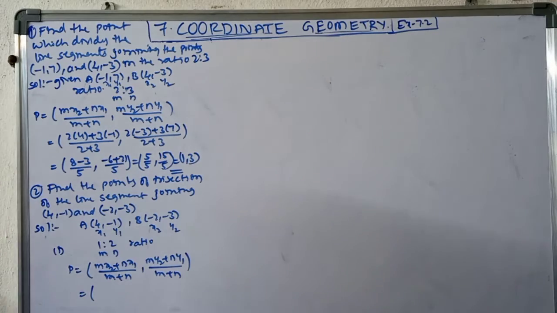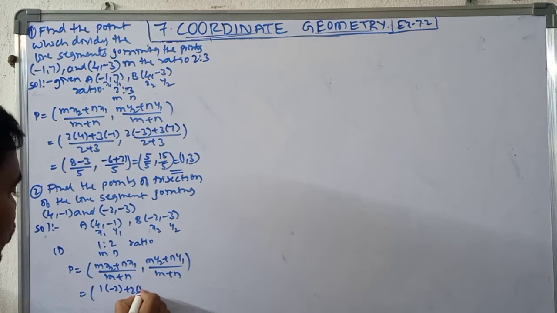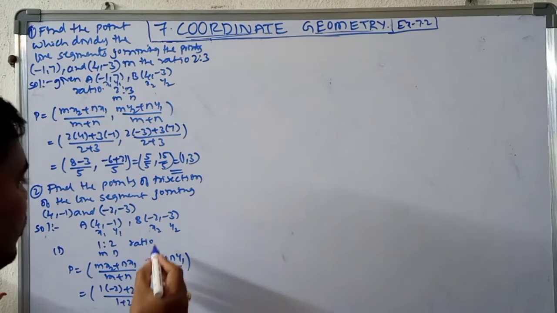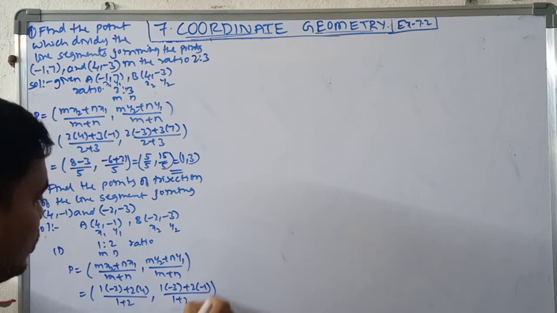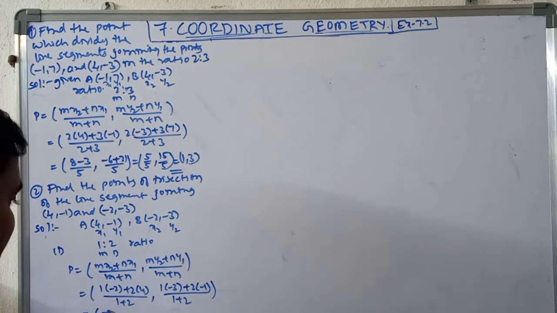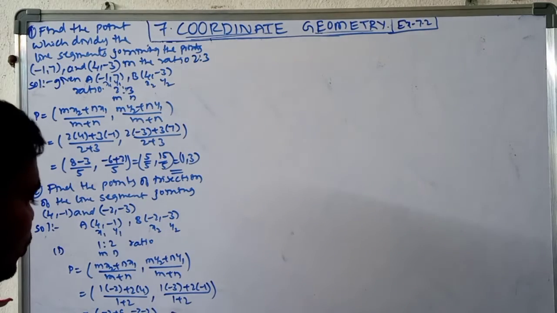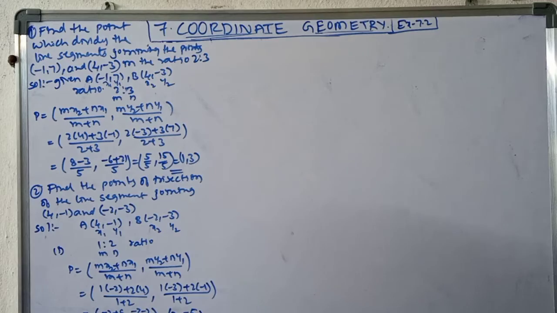So 1 into -2, 2 into 4, over 1 plus 2, comma, 1 into -3, 2 into -1, over 1 plus 2. That is 8 minus 2, 6 by 3, which is 2, comma, minus 5 by 3. So this is one of the points.